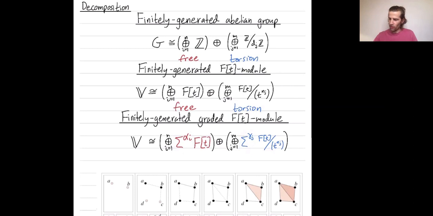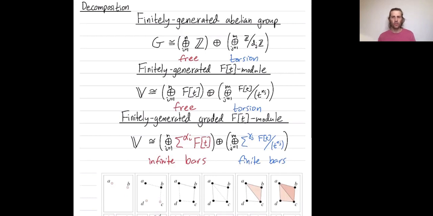What's really beautiful is that the free part corresponds to the infinite bars in our persistence diagram. And the torsional part corresponds to the finite bars.